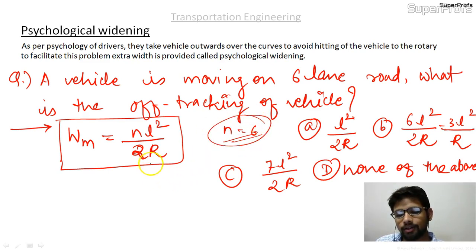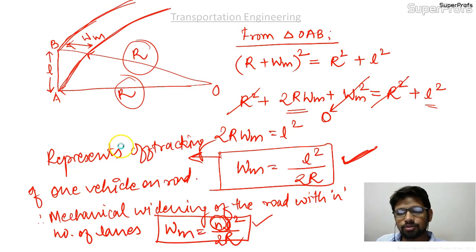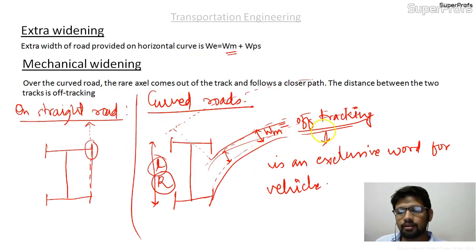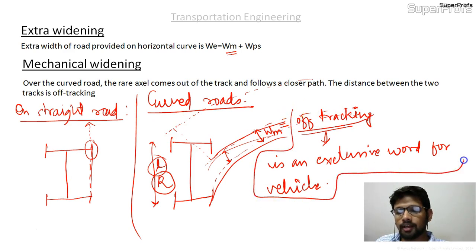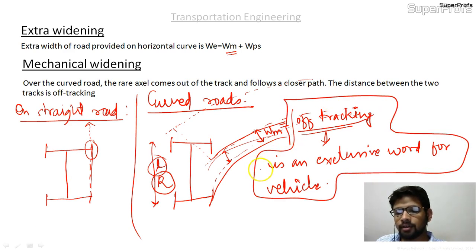I have explained just now that off tracking is a term that is exclusive for a vehicle. It is exclusive for the vehicle, and we are extrapolating it to use for one lane.